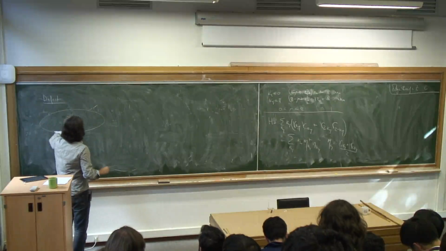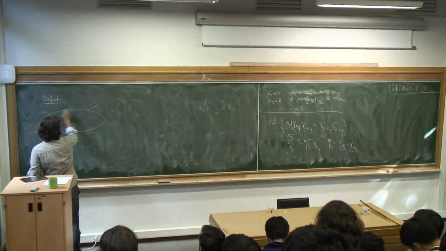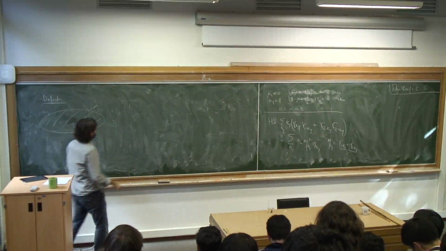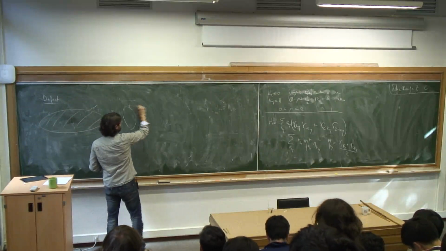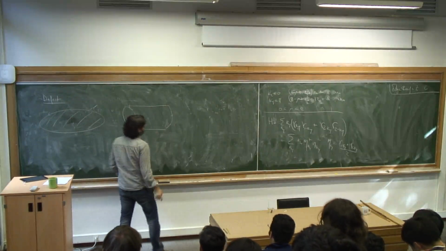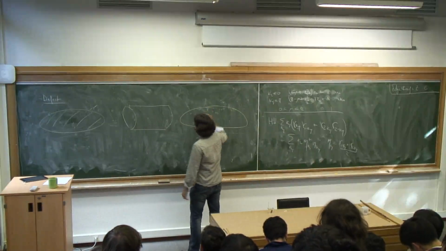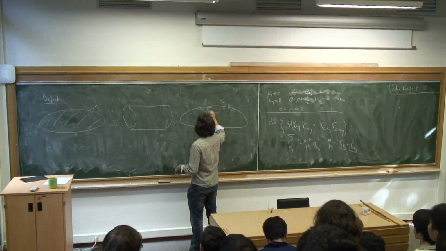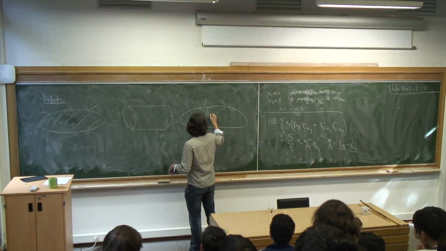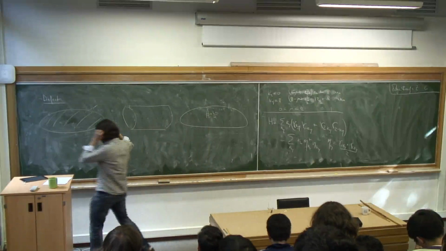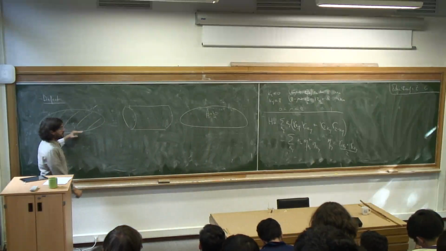First geometry is a disk of this superconductor with no vortex. Second geometry is a cylinder of this superconductor with no vortex. Third geometry is a disk of this p plus ip superconductor, but now with a vortex in.